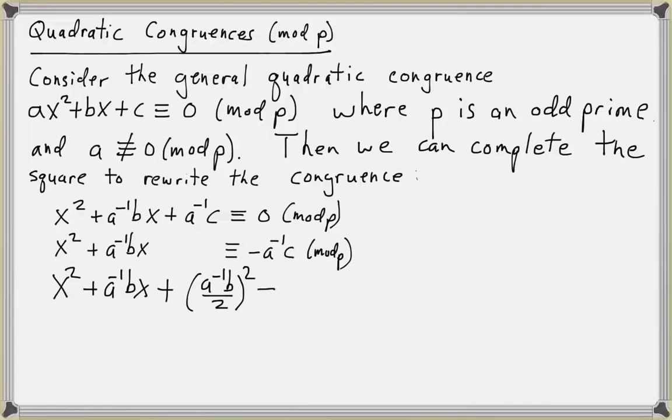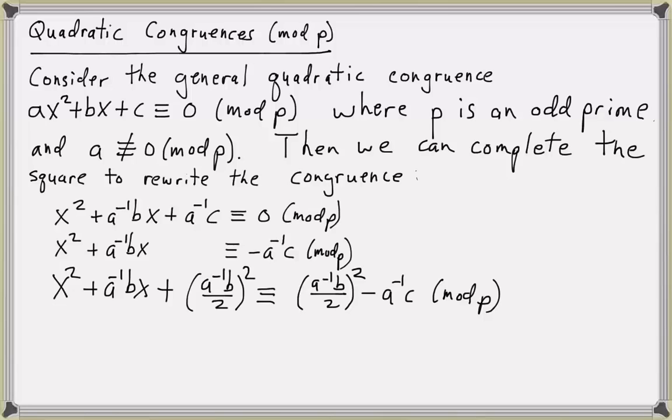I'm going to add that to both sides. Again, if a inverse b was not even, we could have just replaced it with a residue that is even.